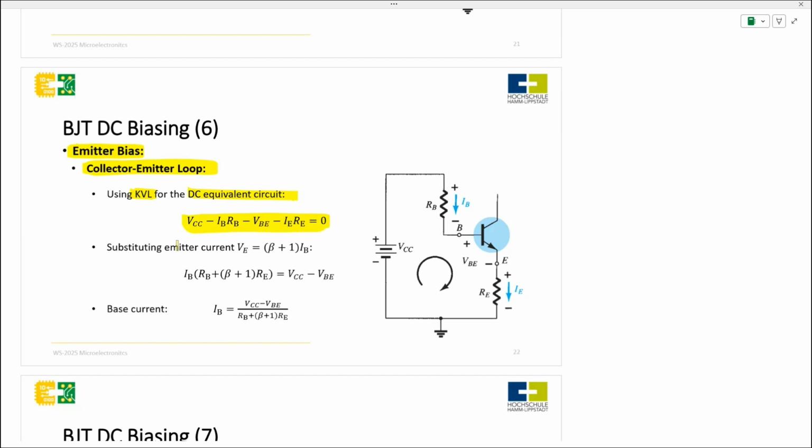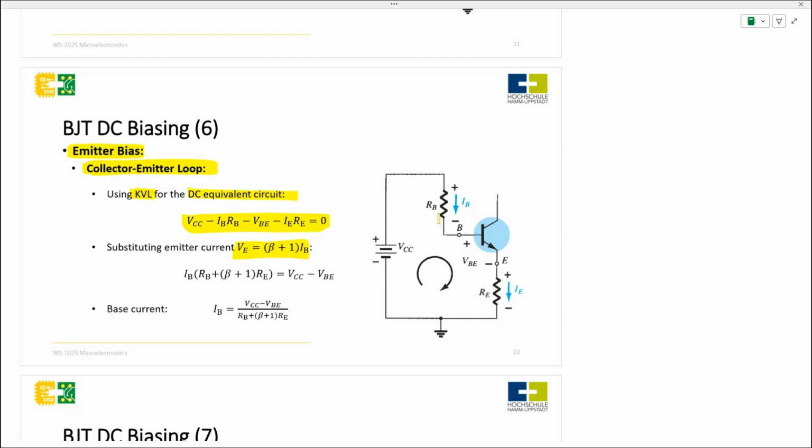Then we should substitute the emitter current by this value. So we know that IE equals beta plus 1 multiplied by IB. This is from somewhere else, but you can use it and replace it here.